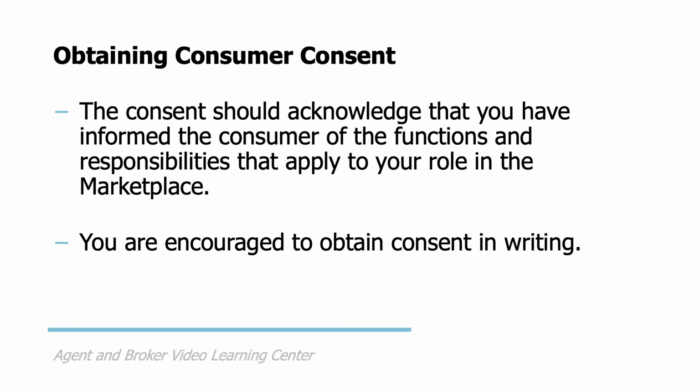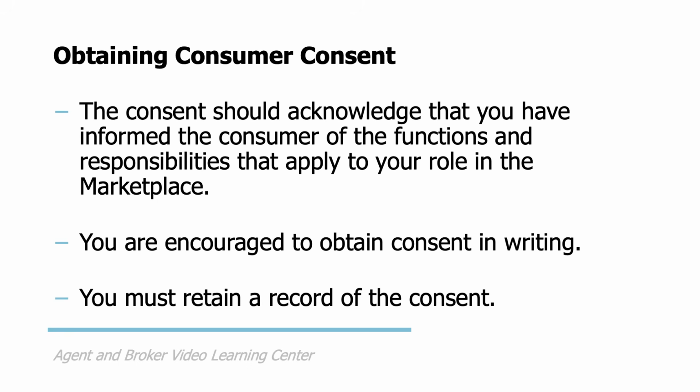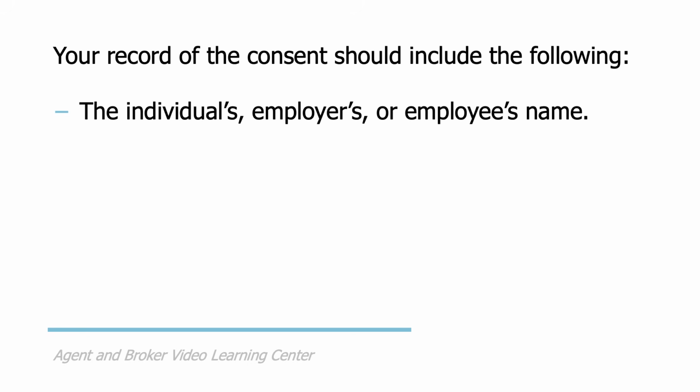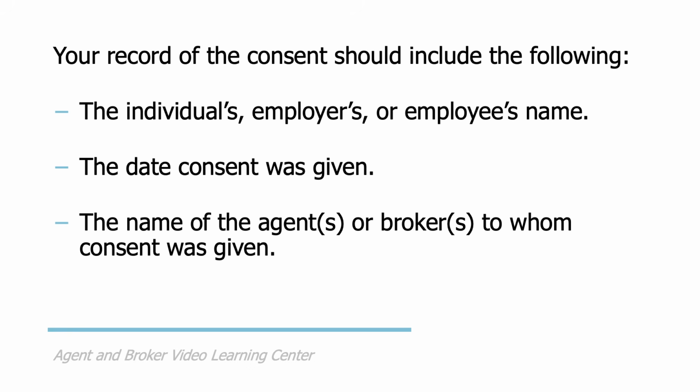Agents and brokers are encouraged to obtain consent in writing and must retain a record of the consent. Your record of consent should contain the individual's, employer's, or employee's name, the date the consent was given, and the name of the agents or brokers to whom the consent was given. For more information on obtaining a consumer's consent, please refer to the resources linked in the description below.